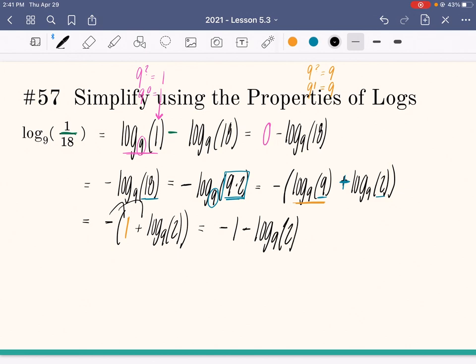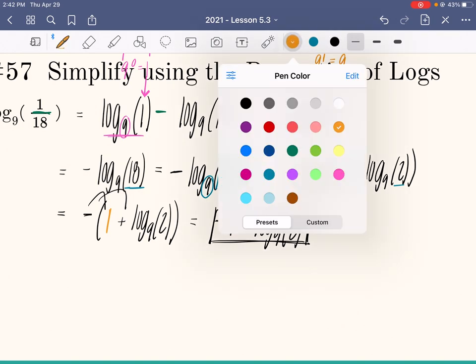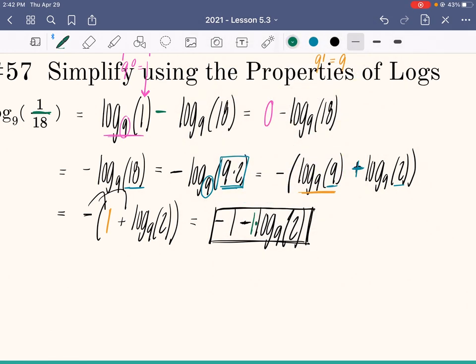So you could stop here. This is pretty simplified, or you could actually keep going even further, and I want to show you how you would do that, just because there are multiple ways that you could continue to simplify this. So this minus sign out in front is the same thing as having a minus 1 times this whole thing.